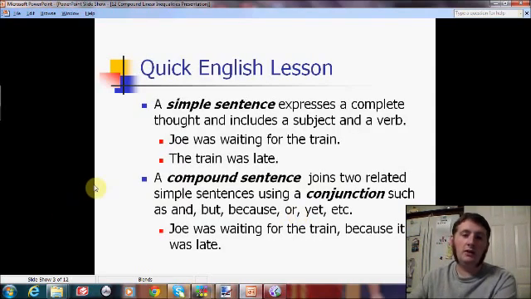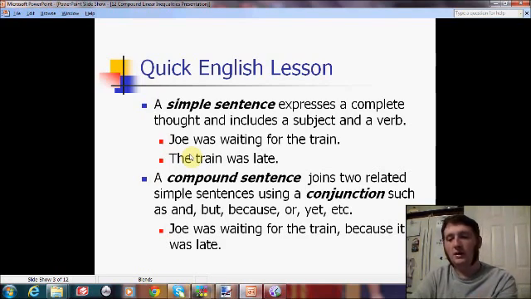We actually have to start with an English lesson this time. So in English class, a simple sentence expresses a complete thought, so therefore probably has to have a subject and a verb. And so here are two simple sentences. Joe was waiting for the train. The train was late. And one of the things you do in English is you learn to revise your work.